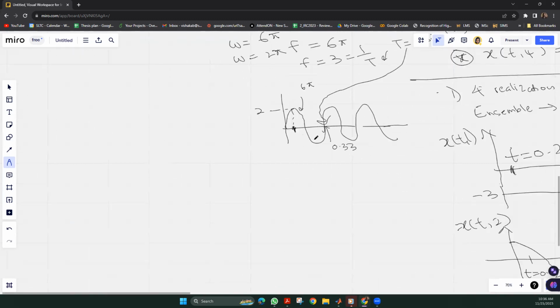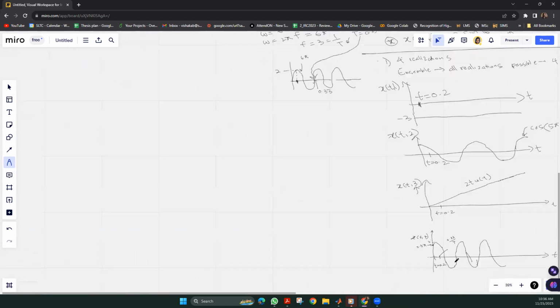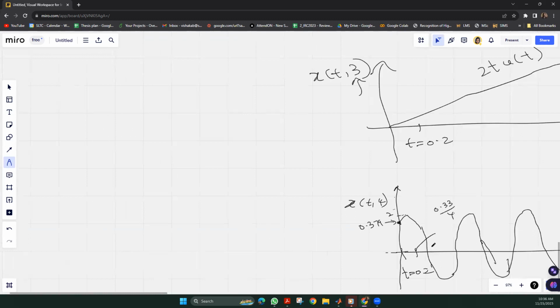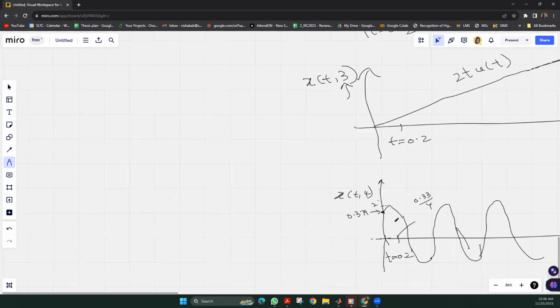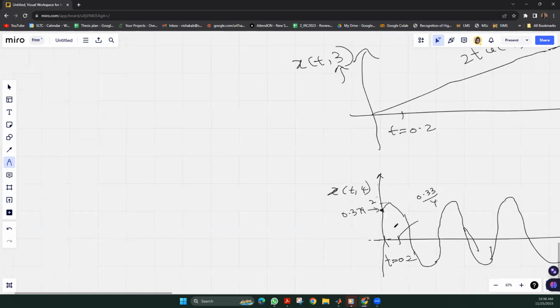So anyway, I think we can correctly define the value of the point where the peak occurs, and then based on that we can correctly draw this signal, right? I think maybe the peak will come around here, so I think this point should be 0.33 divided by 4.